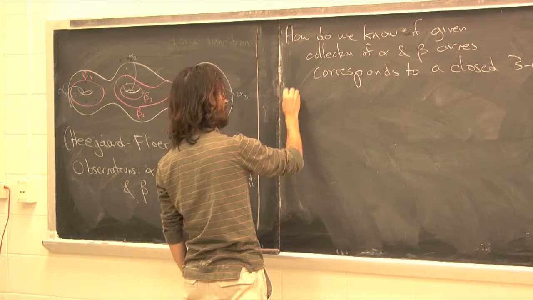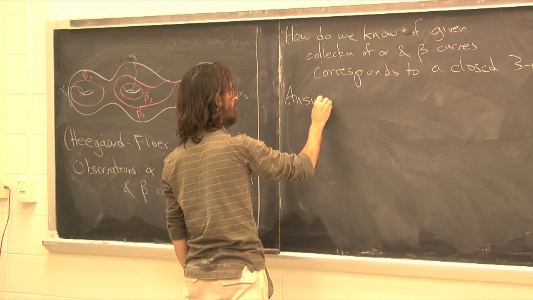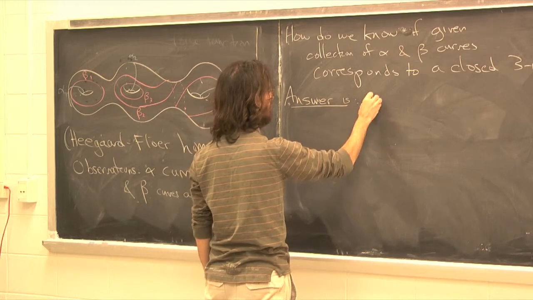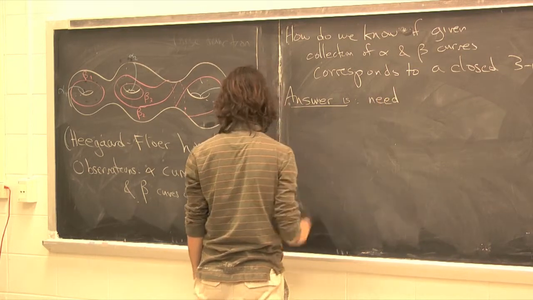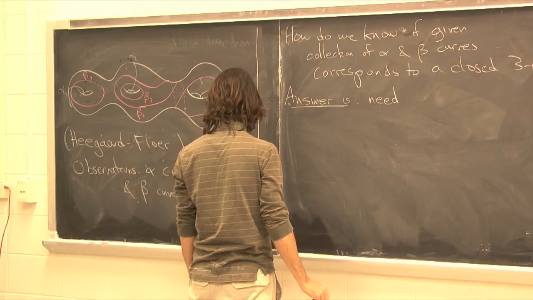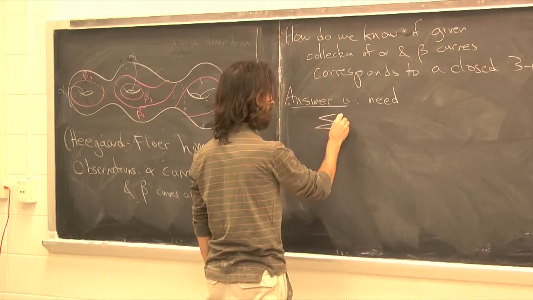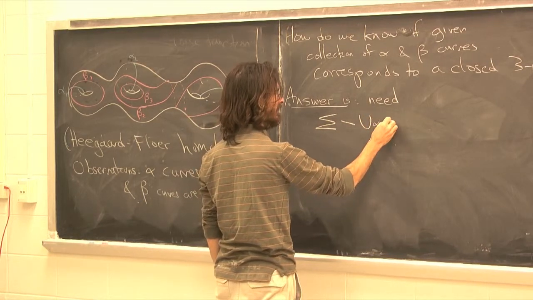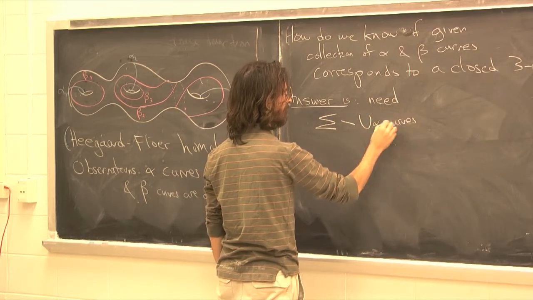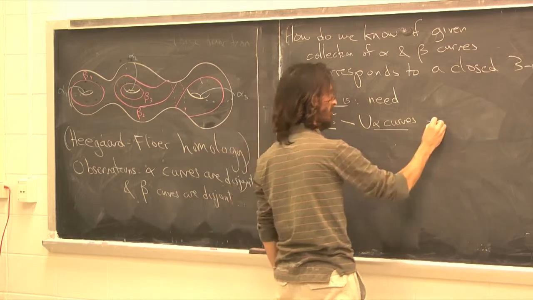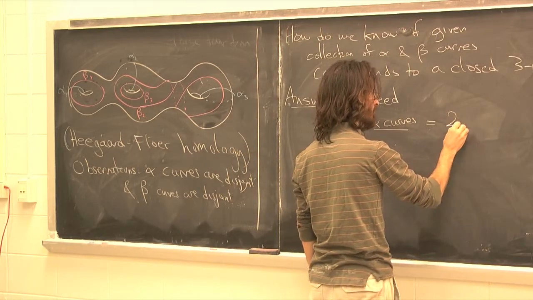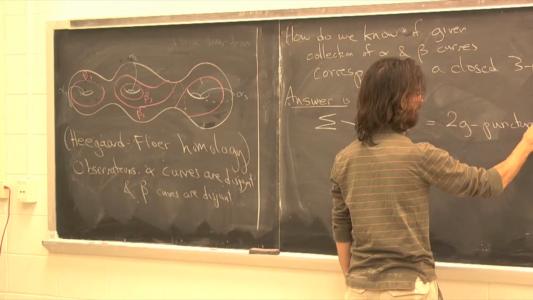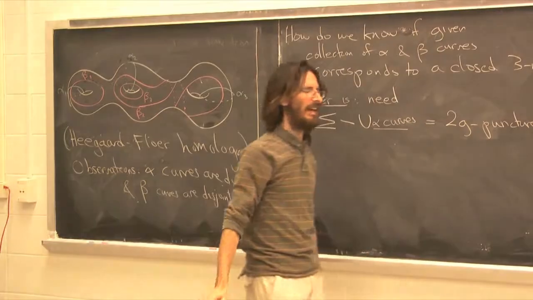So the answer is that you need that sigma minus the union of the alpha curves should equal a 2G punctured sphere, and same for beta.